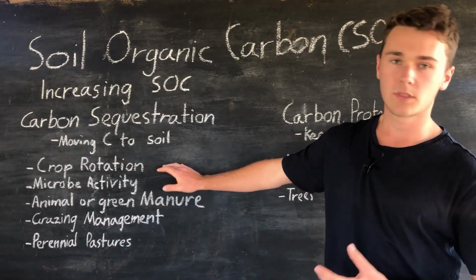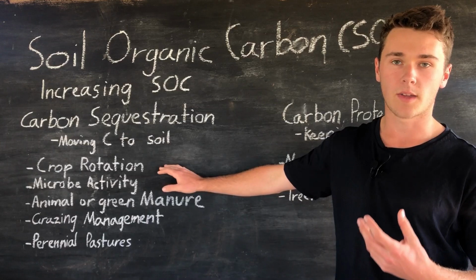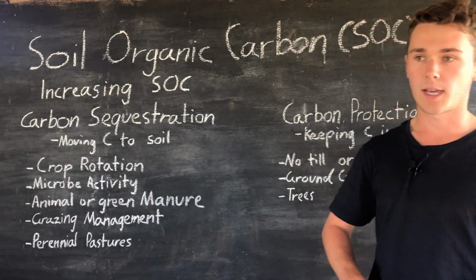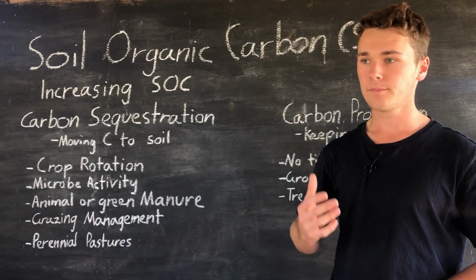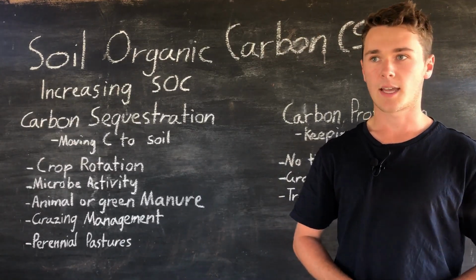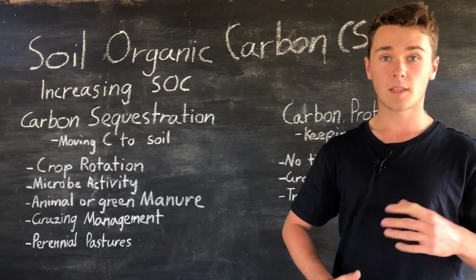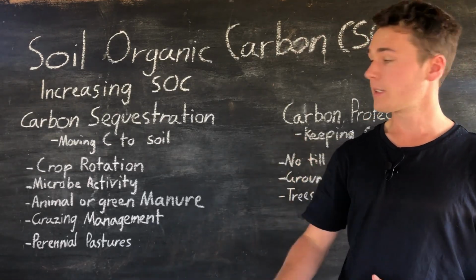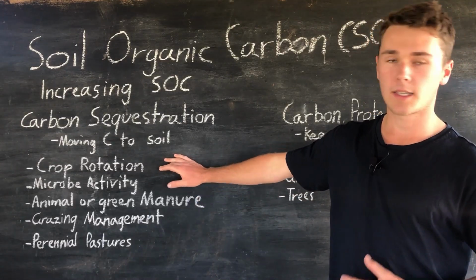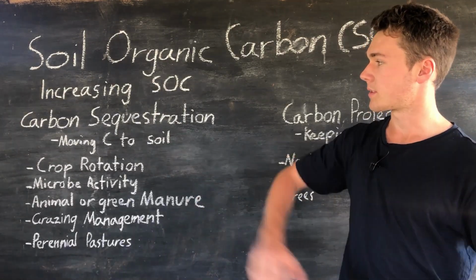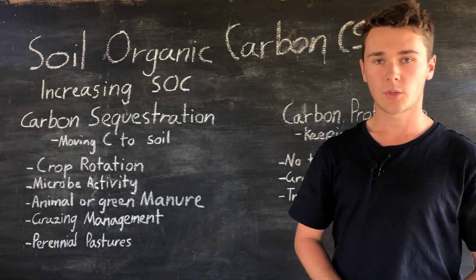Legumes introduce a lot of nitrogen into your soil, and then if you follow that up with a really broad leafy plant, such as sorghum or something that produces a lot of biomass, the input of changing our crops will result in more microbial activity, which will sequester more soil carbon.